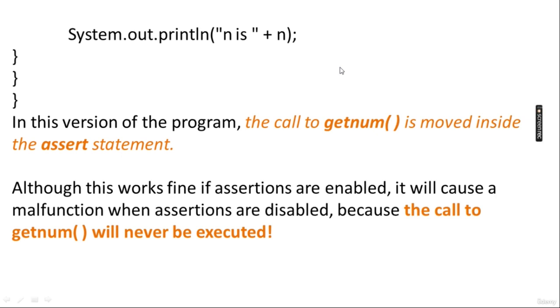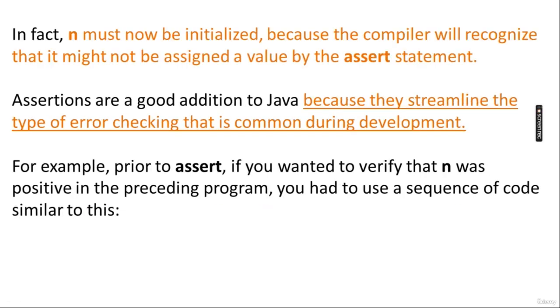For non-release code, assertions will be executed, and for release code, assertions will not be executed. n must now be initialized because the compiler will recognize that it might not be assigned a value by the assert statement. Assertions are a good addition to Java because they streamline the type of error checking that is common during development.